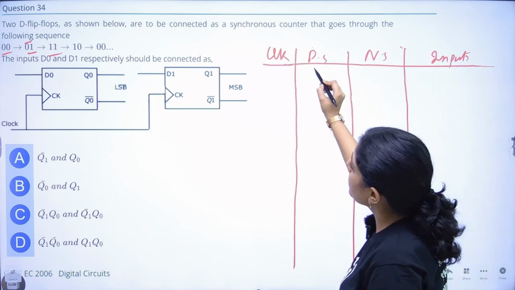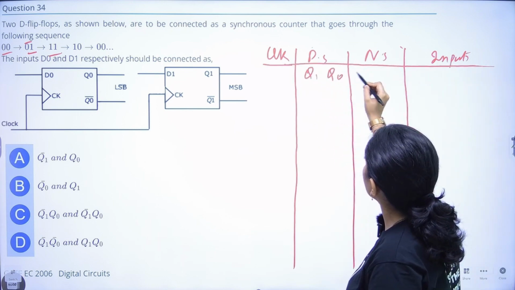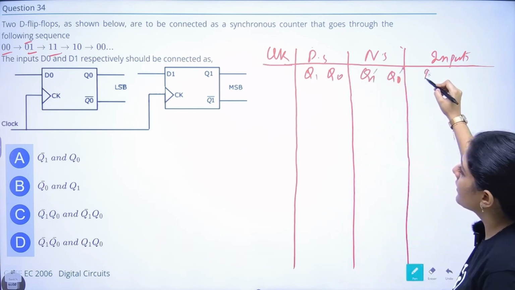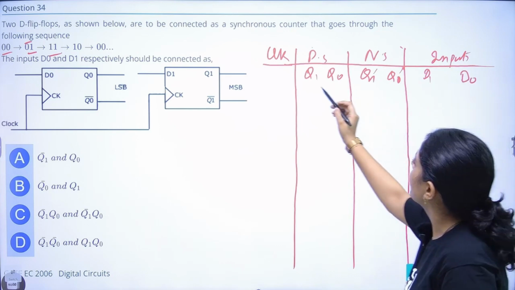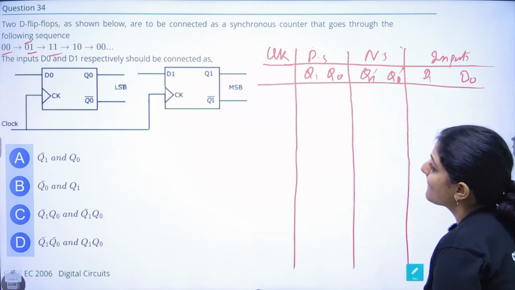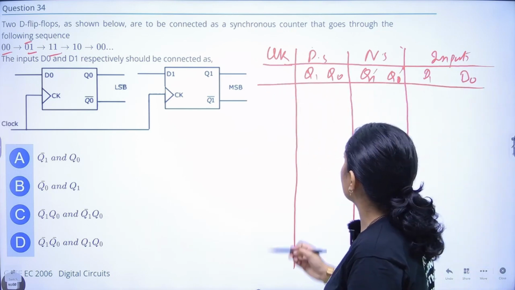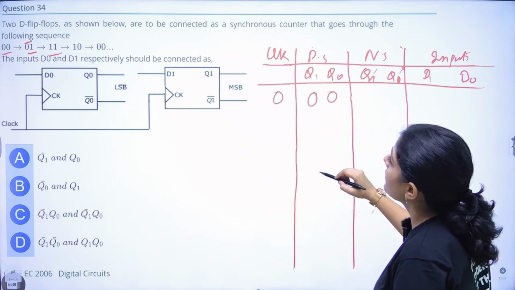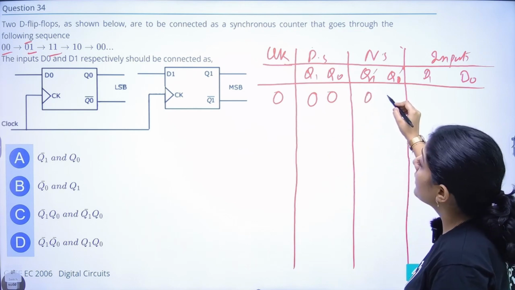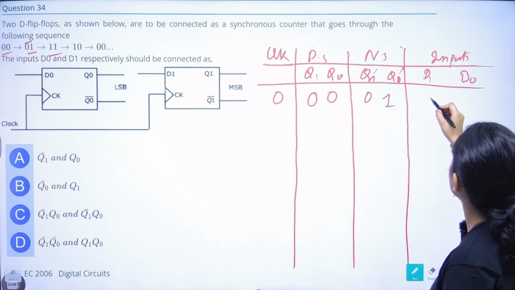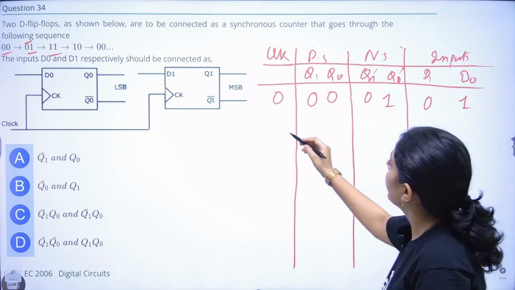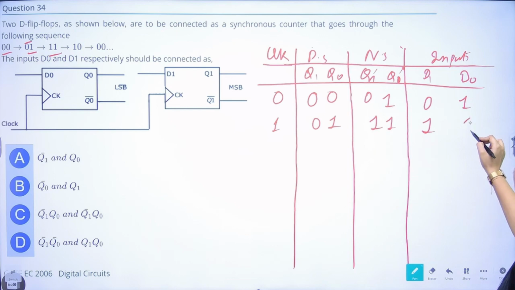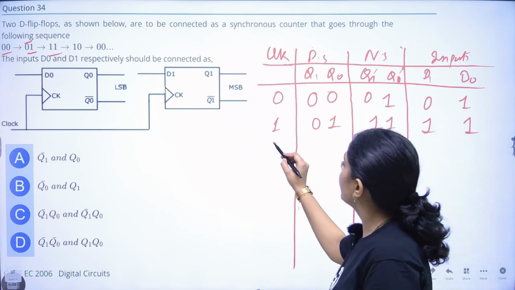Right, so previous state Q1 Q0, next state Q1 Q0, and D1 D0, because Q1 is your MSB. Starting 0, previous state is 0 0 and it will become 0 1. The values will also be 0 1. Next 0 1 will become 1 1. Values of input will also be 1 1.